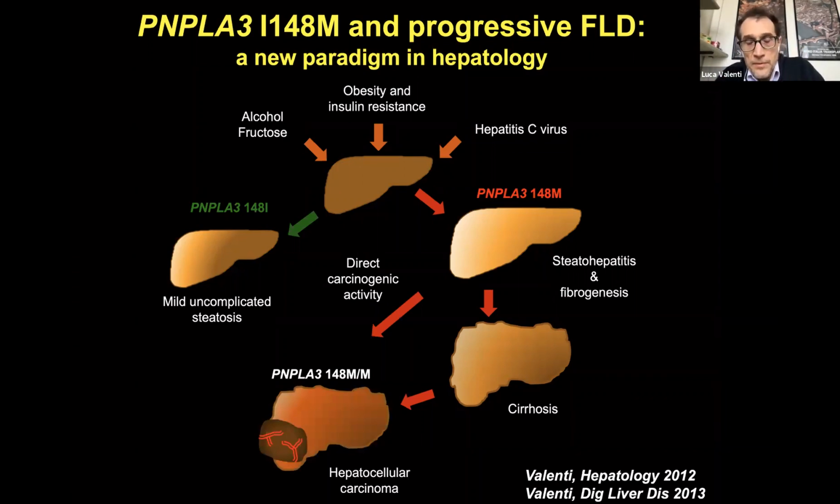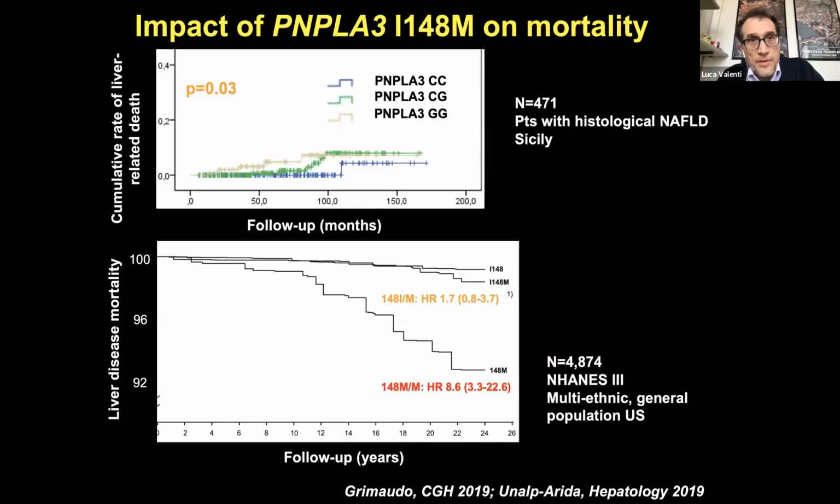So what we found then is that the impact of the mutation on liver carcinogenesis was also partly independent of the effect of fibrosis, because it was also evident in patients with cirrhosis independently of the severity of liver damage. And the fact is so important that this is also associated with an increased rate of mortality in our patients with liver disease.